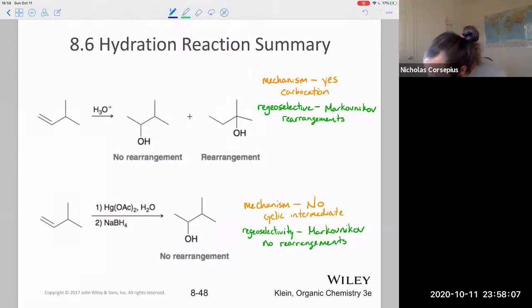All right, and then lastly, stereoselectivity. Acid-catalyzed hydration is not stereoselective, right? It goes through those carbocation intermediates.